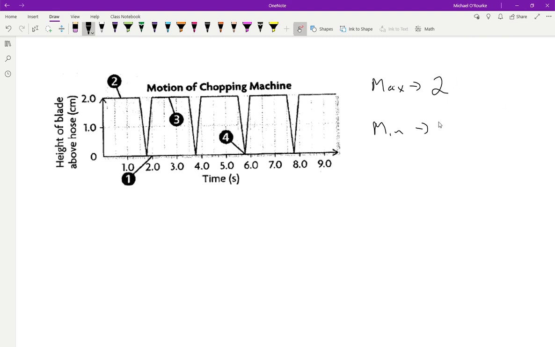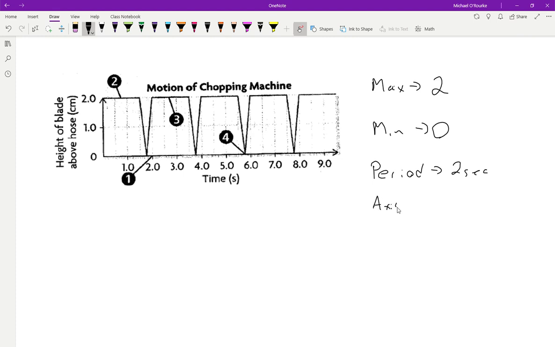Oh, you know what we forgot to do on the last one was our period. What's our period for this one? How long does it take to go through a full cycle? Good. 2 seconds.